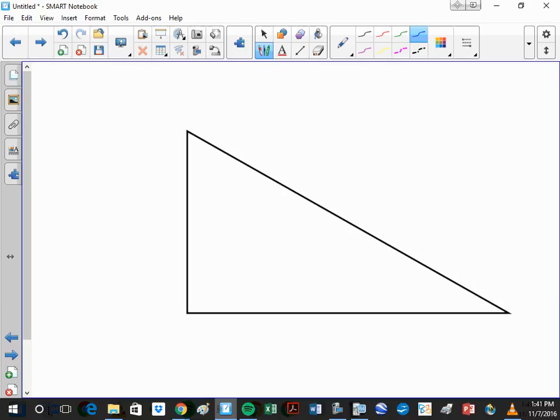So let's say that this is a 30-degree angle, and I know that the opposite side is 18. Can we find the length of the hypotenuse and the length of the adjacent? Well, we need SOHCAHTOA again.